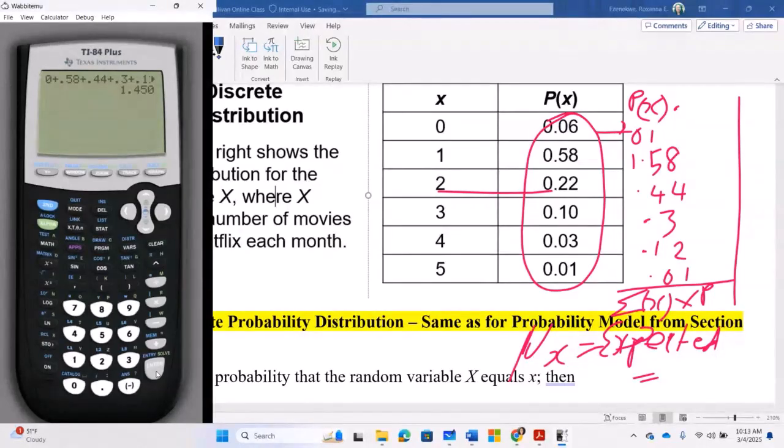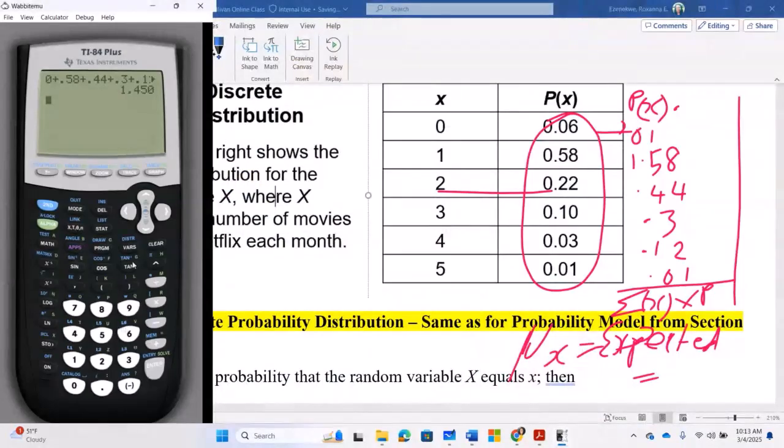The mean or the expected value of this distribution is 1.45 by hand. We can also do it by calculator. It's important that you know how to do it both by hand and by calculator.